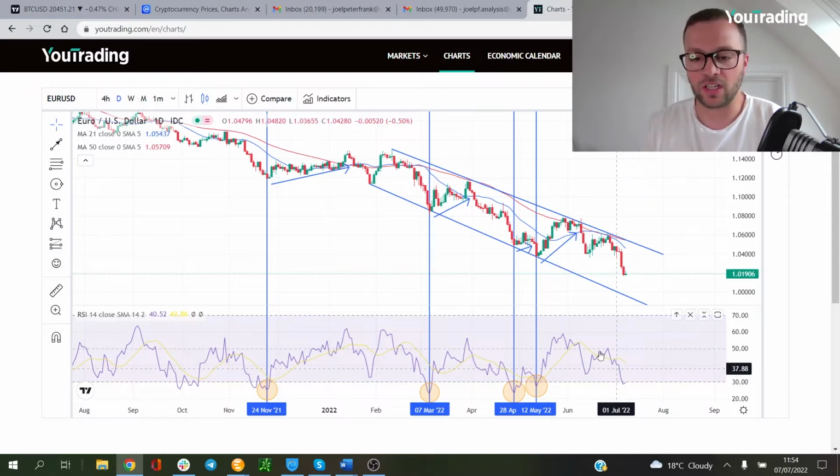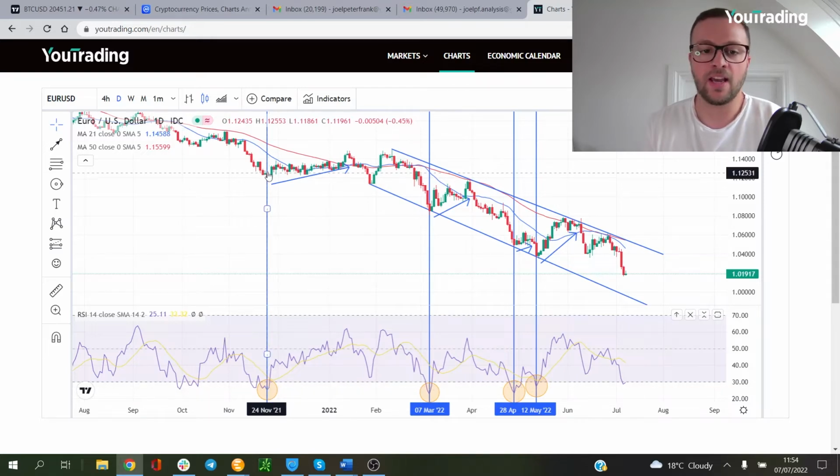Just looking at the RSI, I've gone back to look at the last 4 times that euro-dollar was oversold, and you can see that pretty much every time euro-dollar hit peak oversold, according to the RSI, there was a period of consolidation afterwards. It happened back here in November 2021.